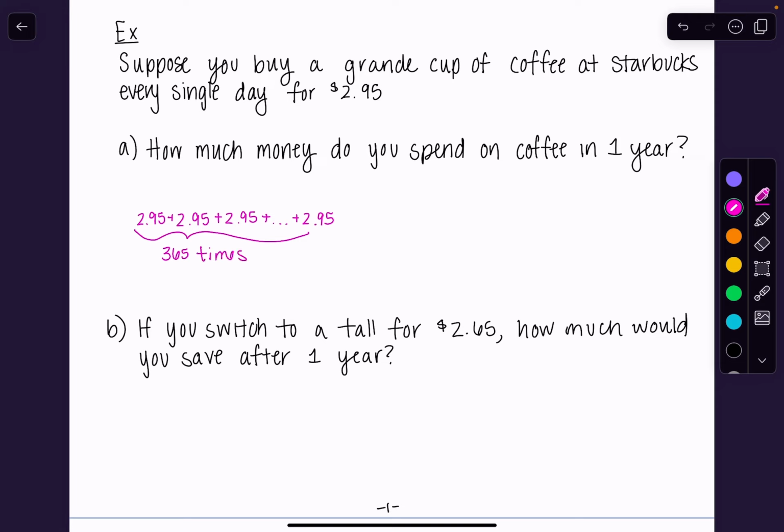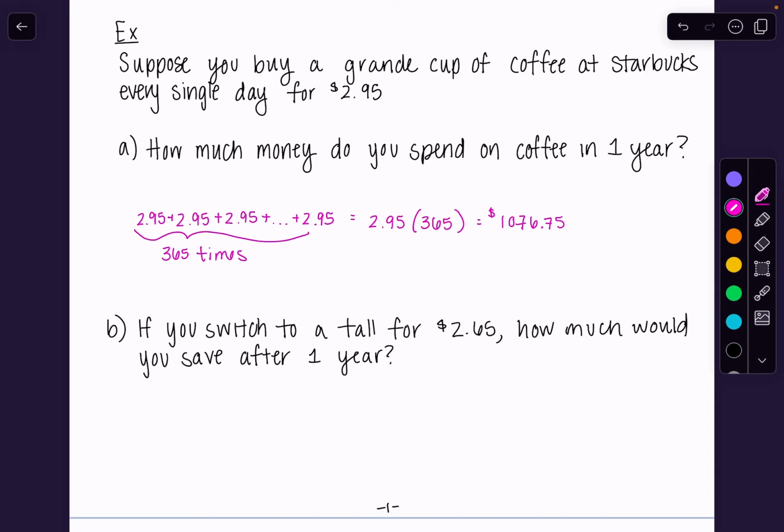Although it can be done with addition, it's very easy to lose track when you're adding it. So instead, we're taking the number $2.95 and adding it up 365 times. So instead we just multiply the two. And in return, that tells us we would spend $1,076.75 on coffee in a single year.